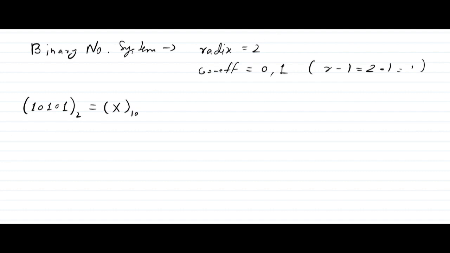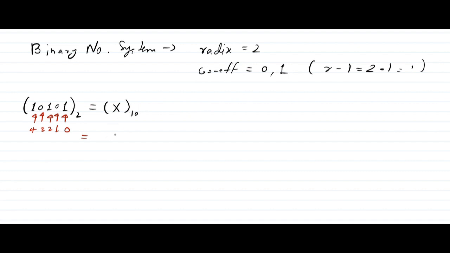Again we will use the same rule. Let me see the place values first. The place values are 0, 1, 2, 3, and 4, right? So the expansion will be like this, and see here the coefficients are either 1 or 0. The radix value will be 2.